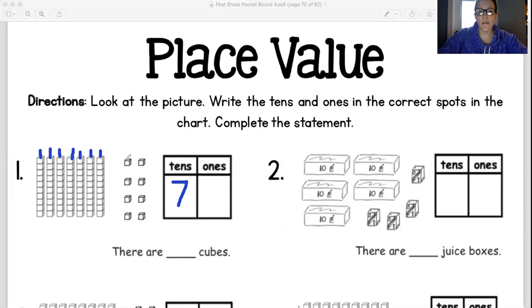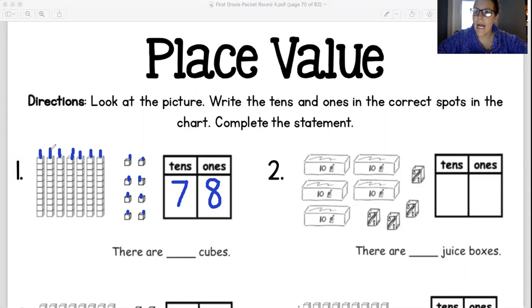Now we're going to count the ones: 1, 2, 3, 4, 5, 6, 7, 8. I'm putting a little dot above those so that I make sure I don't count the same one twice or forget one. So in this picture, we have 7 groups of 10 and 8 ones. At the bottom, we need to finish the statement: there are blank cubes. That's where we need the total number of cubes, so if we count all of these cubes up, that's the answer we're going to write on the line, okay?